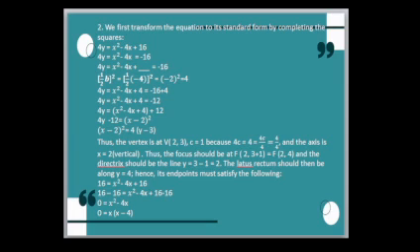So we put the negative 4y on the left side of the equation, and we have 4y is equal to x squared minus 4x plus 16.